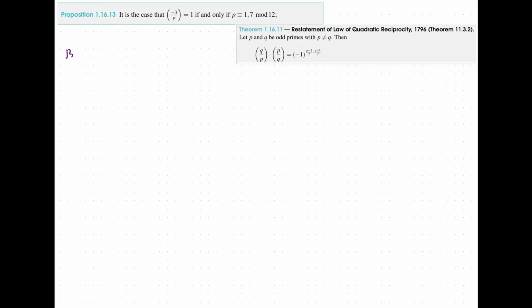So by the theorem, we have that 3 on p times p on 3 is equal to -1 to the (p minus 1)/2 times (3 minus 1)/2.